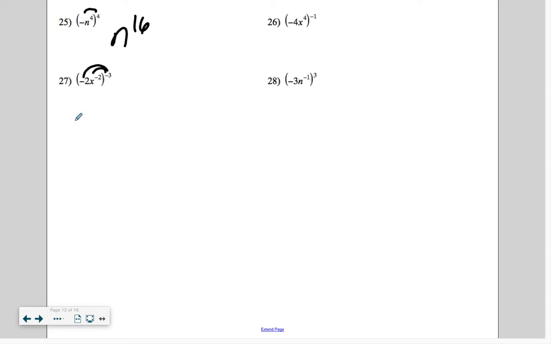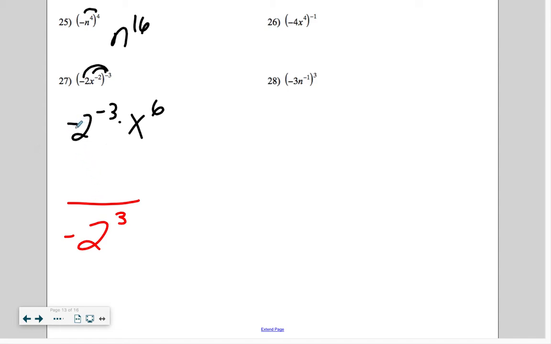Boom. Sprinkle, sprinkle. So now we get negative 2 to the negative 3 times x to the power of negative 2 times negative 3, which is positive 6. So now pump the brakes. We've got a negative exponent. We can't have that. It's playing on the top right now, but it's a traitor. It needs to go down to the other side of the fraction bar, and the exponent becomes positive when it moves down there.